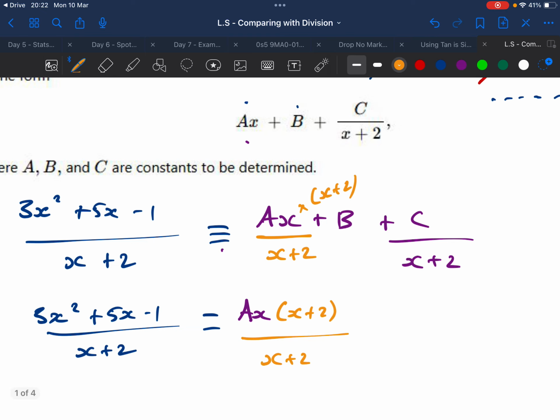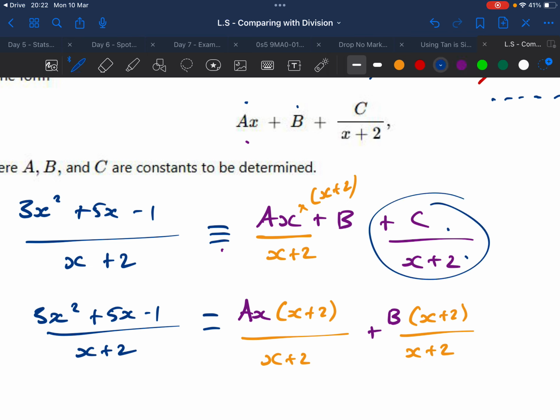Okay. Now I could do the same with the next bit. So again, with that new x plus 2 bit. And the c bit, well, the c bit is already done. So the idea of this is I assume that there will be a remainder left over still to divide.